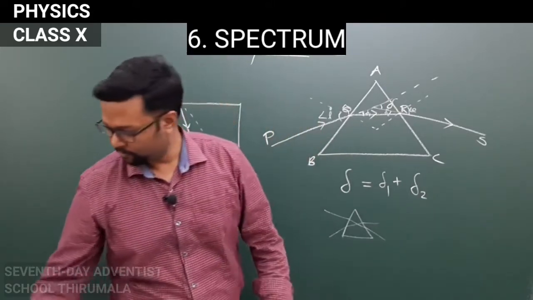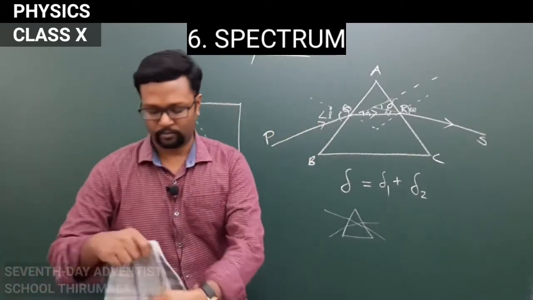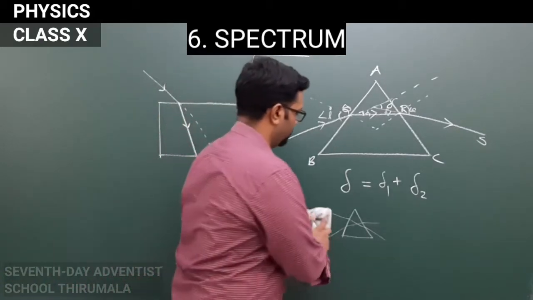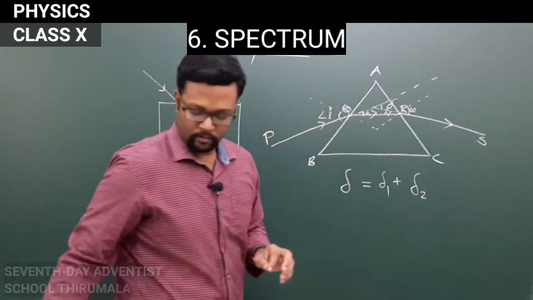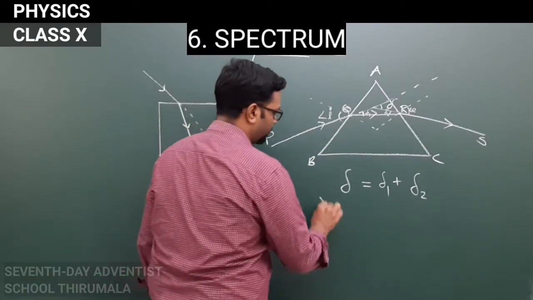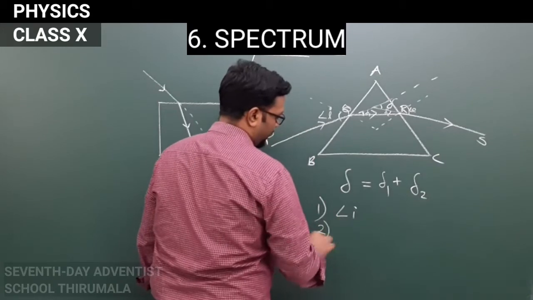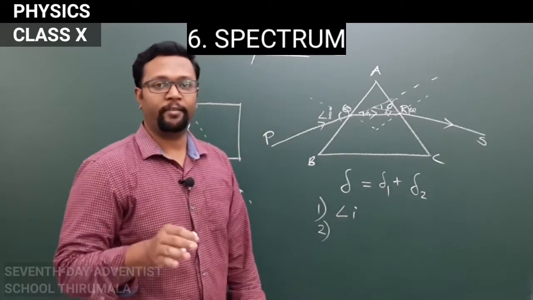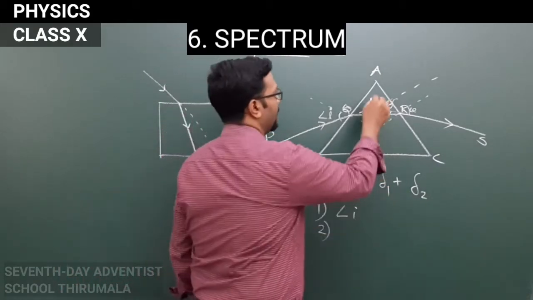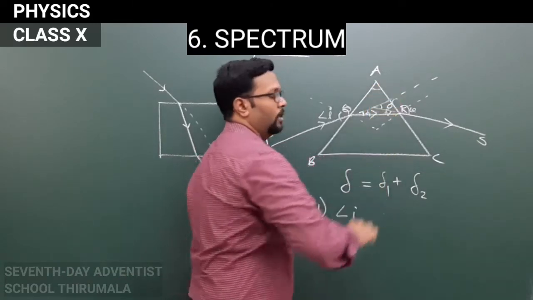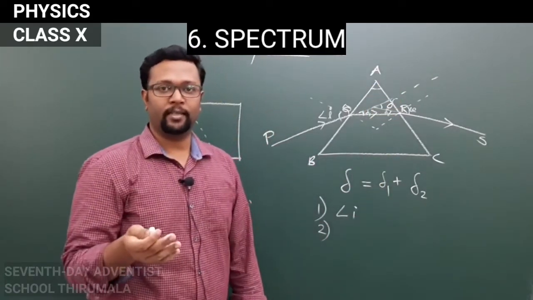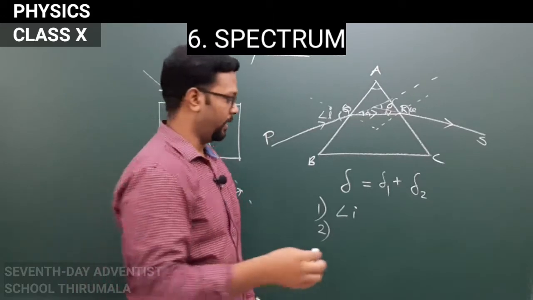That's number one. Second, the angle of deviation depends on the angle of the prism. When the angle of the prism increases, the angle of deviation also increases.